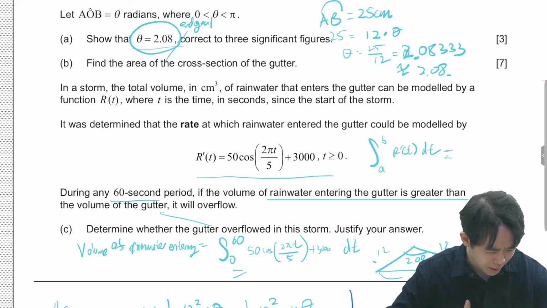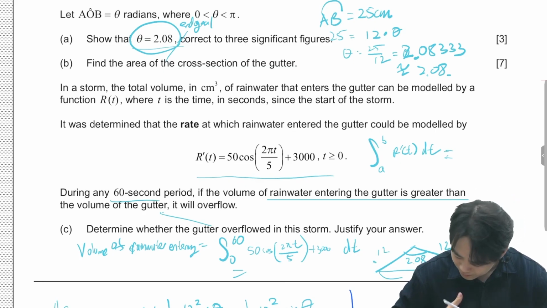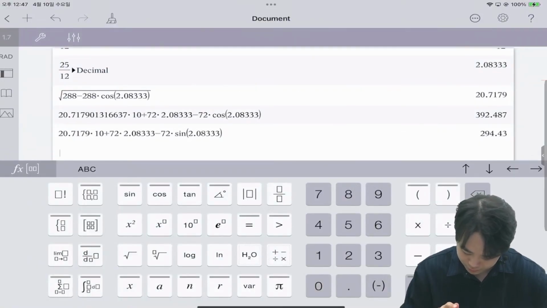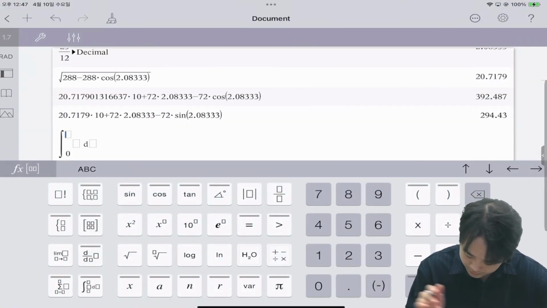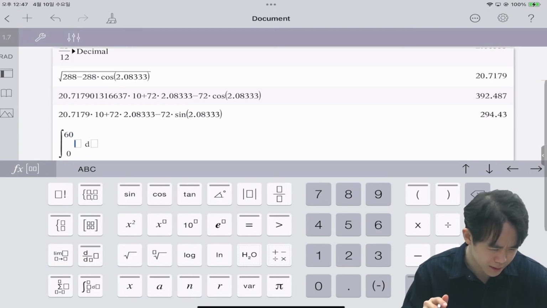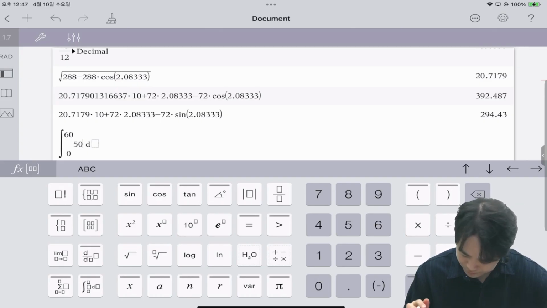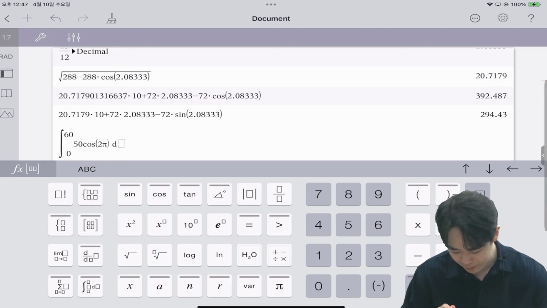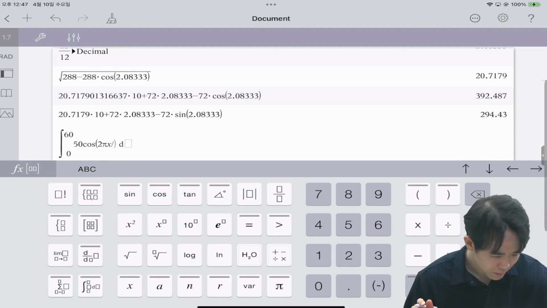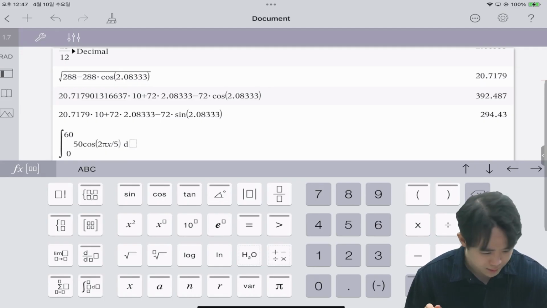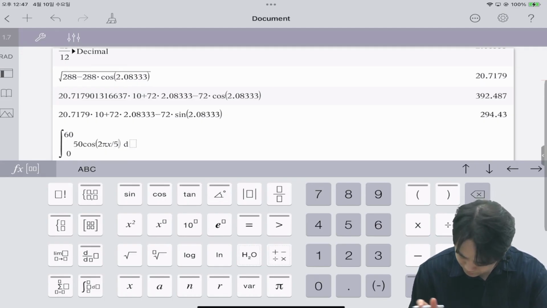So if we do that on our calculators, we can use our integrate from 0 to 60, and our expression is 50 times cosine of 2 pi times, instead of t, I'm going to go with x, divided by 5, close brackets, to avoid any confusion, and then I have dx.